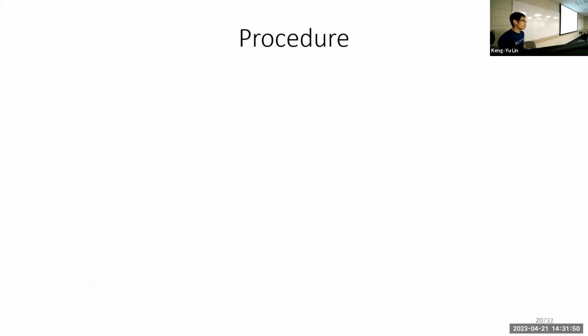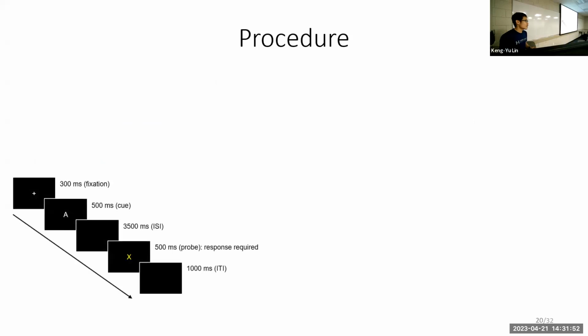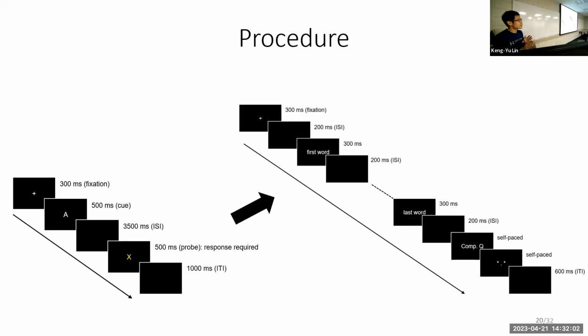And the procedure of the experiment goes like this. First, participants would do the AXCPT task for about 20 to 24 minutes. And right after they finish the session, they read the sentences, right?